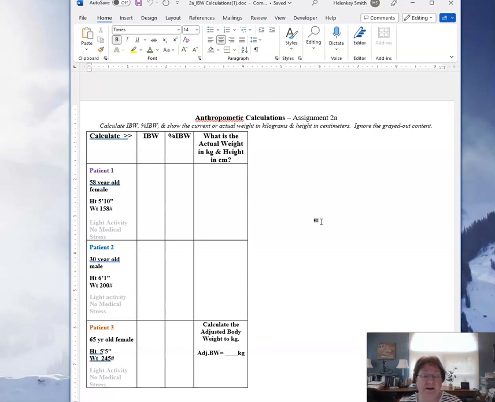Remember that a male who is 6 foot 3 inches tall is 3 inches over 72 inches, which would equal 6 foot. So that's a total of 75 inches. You'll need to remember that calculation whenever you're using the Hamwi method for ideal body weight. So let me go back here.